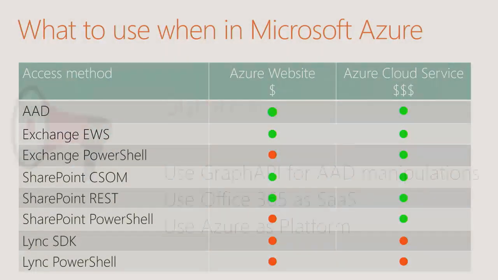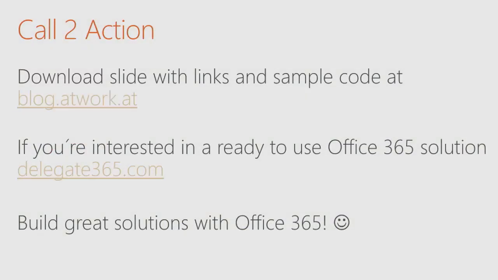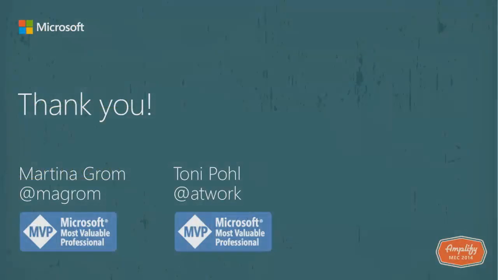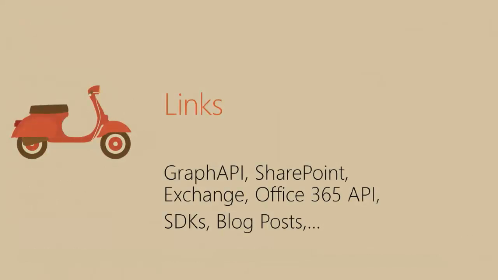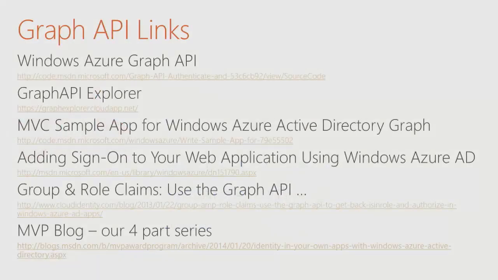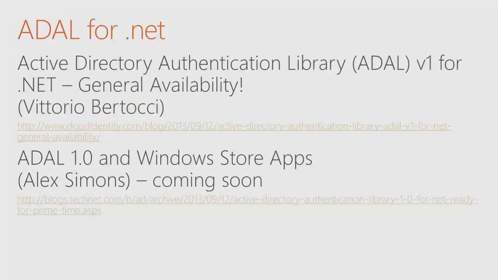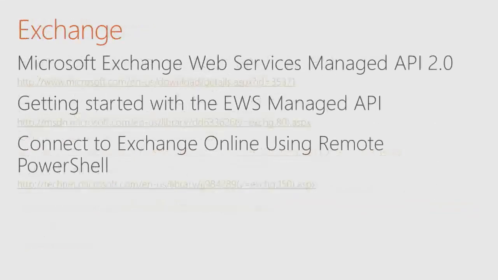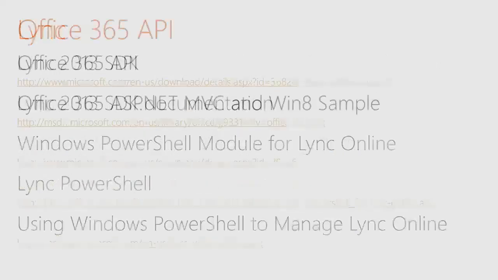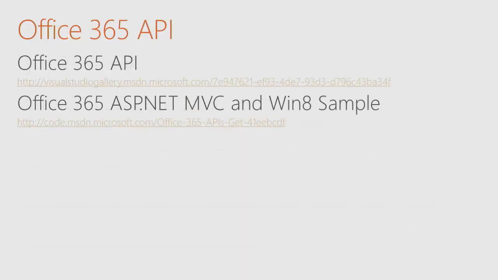The link in the slides for the Office 365 API preview, the link to the API tool. Is the API included in that? Oh, no, but I can show you, we have all the information here at the end for Graph API, for Adele, for SharePoint, and I think Office 365 API is the last one, and the first link is really the link to the API, and the second one is to the tools.